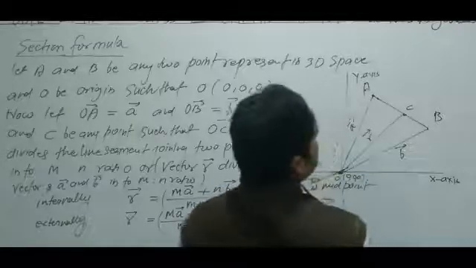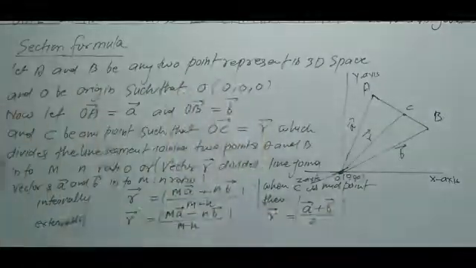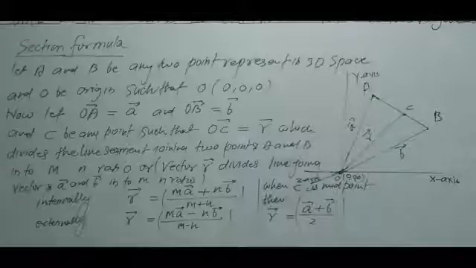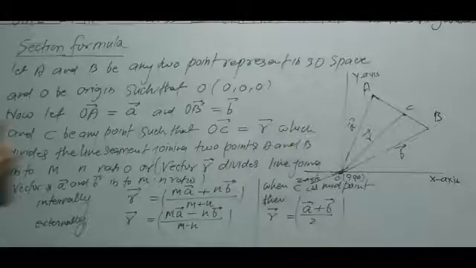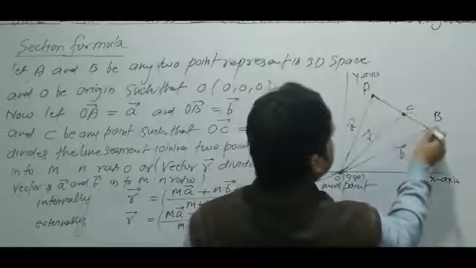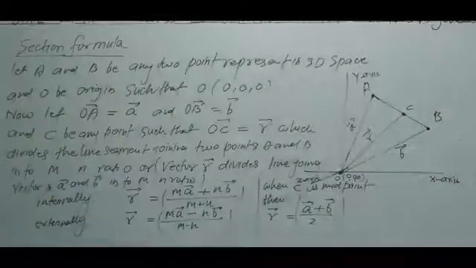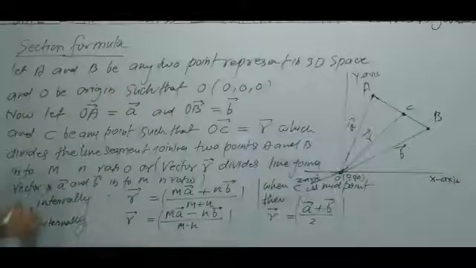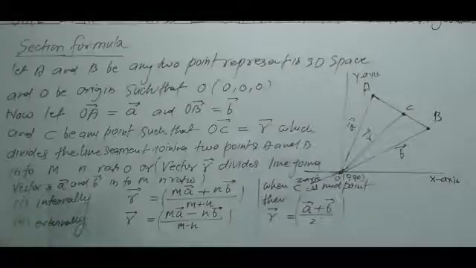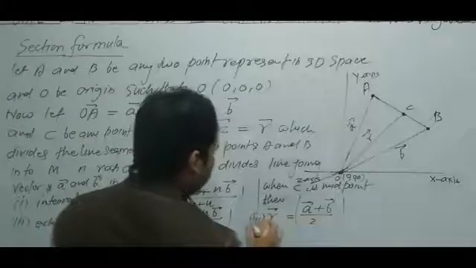Now this is the origin. Now we have completed the section formula: internally, externally, and midpoint. This is internal, this is external, and this is the third, the midpoint formula.